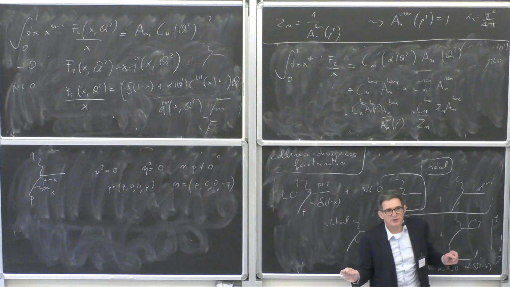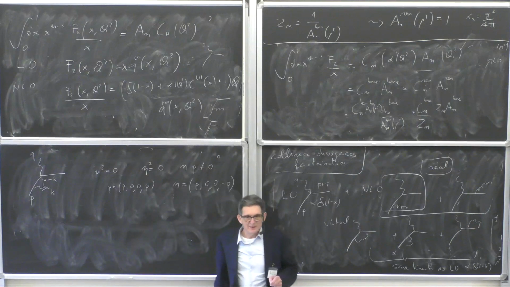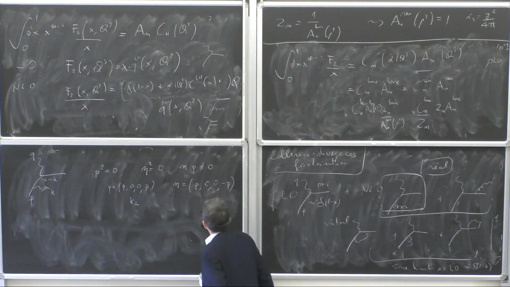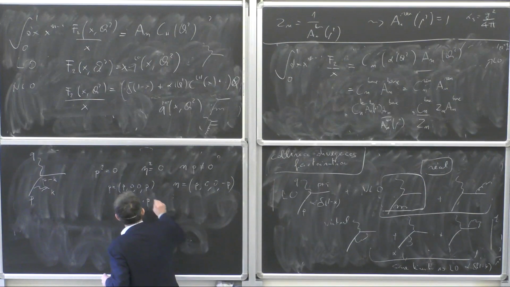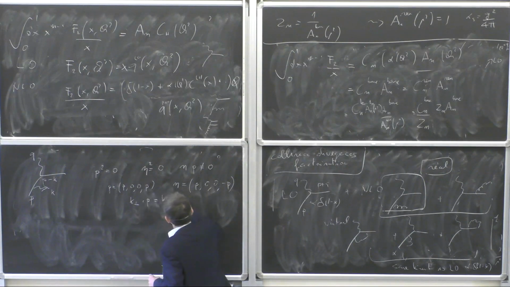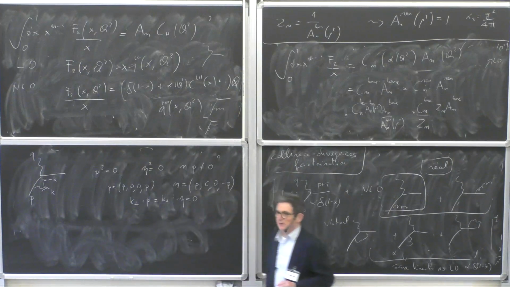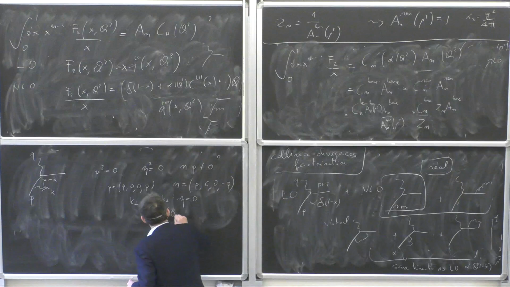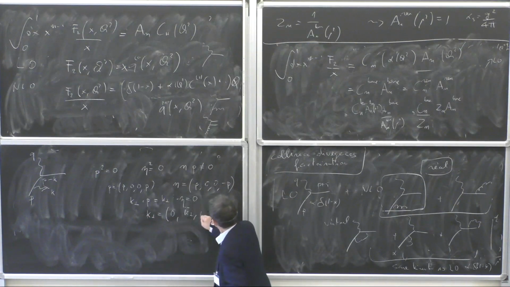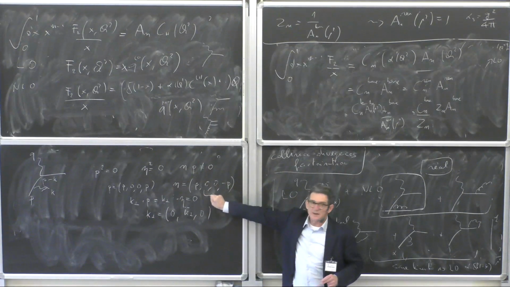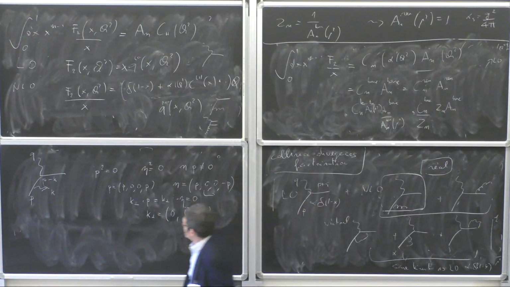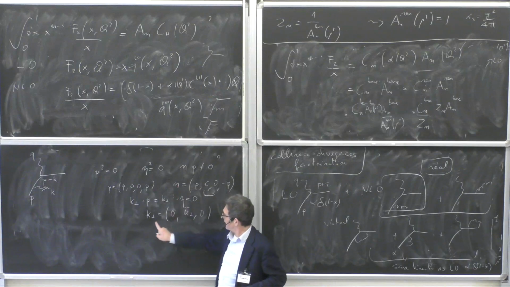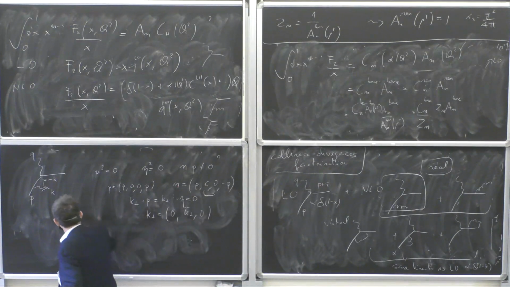You don't have to write it like this. What I really need is just this. And then I introduce a transverse momentum k perp, where k perp dot p is equal to k perp dot eta is equal to 0. And you can think of this k perp as being (0, k perp 2-vector, 0), a basis in this subspace here. So then I can write any momentum in a basis given by p, eta, and k perp. And that's called Sudakov parametrization.